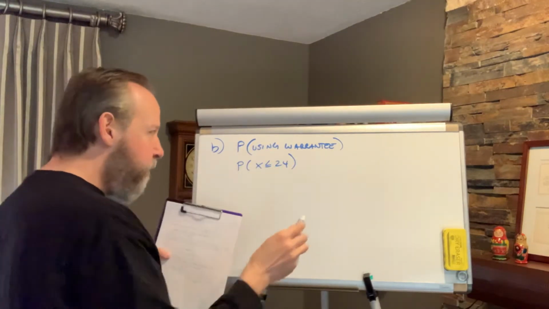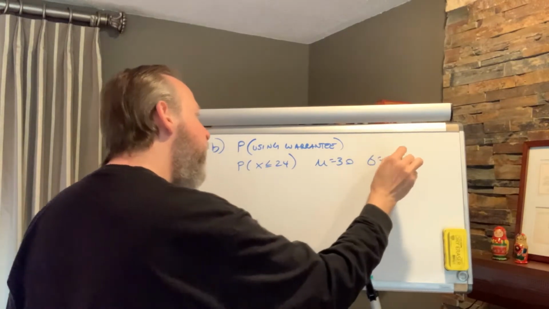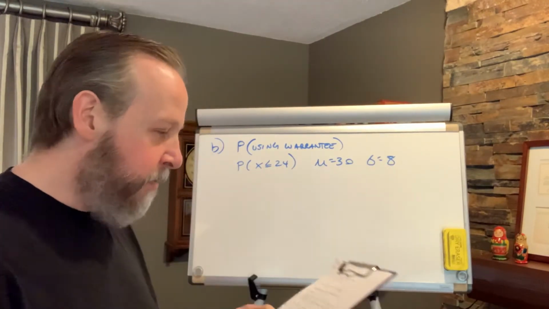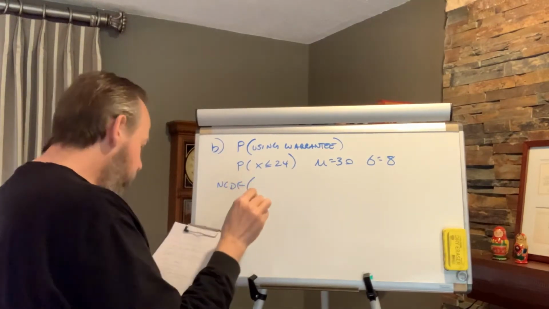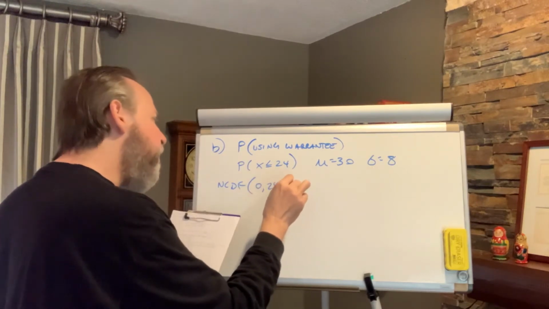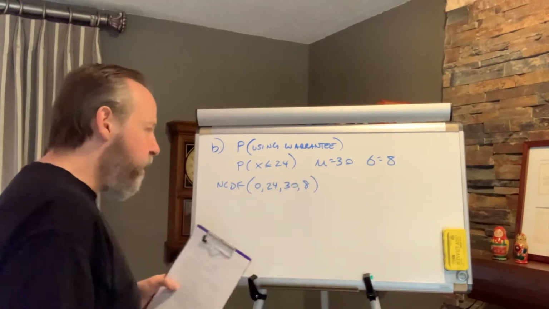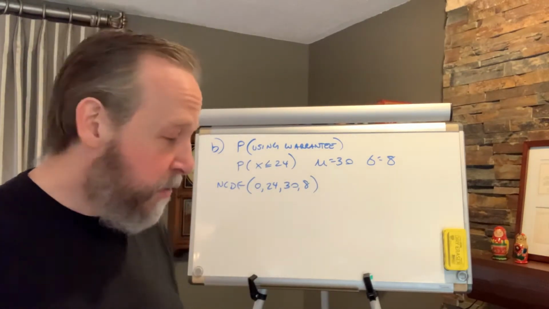We were already given that mu is 30 and sigma is 8 under a normally distributed cell phone life, so we can use normal CDF. I would use this, but also explain this, okay? So we can use the inputs of 0, 24, 30, and 8 as our boundaries.